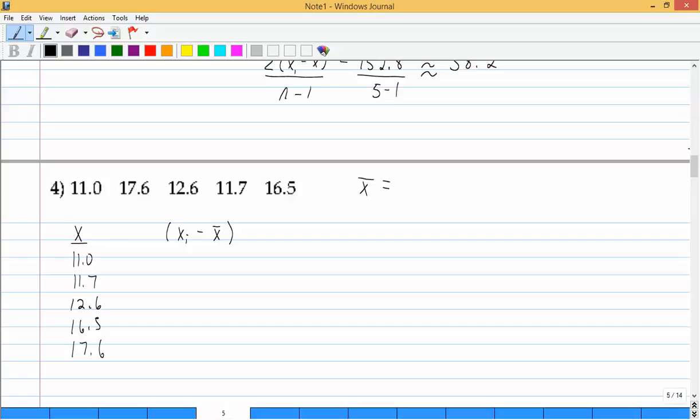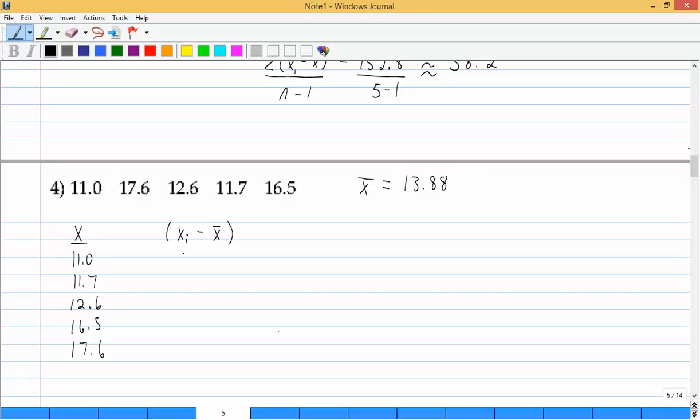Alright, so for the mean I got 13.88. So now I need to find the deviation of each data item from the mean. So I'm going to say the difference between the data item and the mean. It actually terminated after that second decimal, so I'm going to leave it like that. 11.0 minus 13.88.